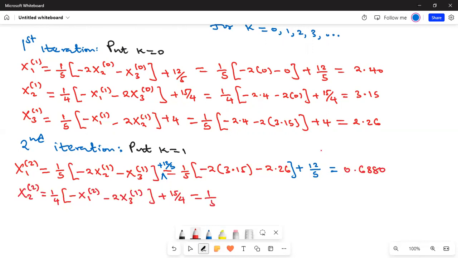Substitute, you get 1 over 4 negative 0.688 minus 2 times 2.26 plus 15 over 4. When you press this in your calculator, you need to get the x2 at level 2 as 2.4480.